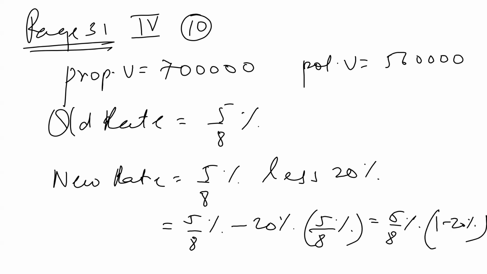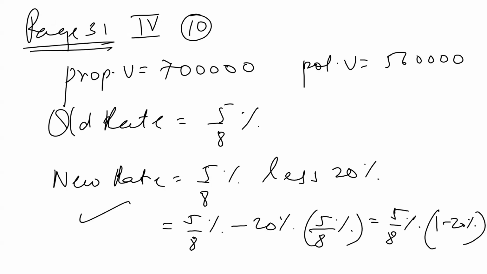So the old rate and new rate I have written separately. The concept is the customer is charged at the new rate, not at the old rate. But we are supposed to find out how much is his saving due to the discount. So as per the old rate, I'm going to calculate the old premium, and as per the new rate, the new premium.